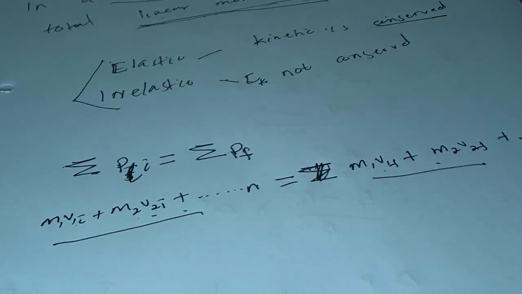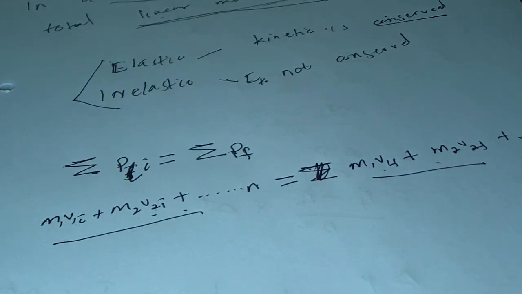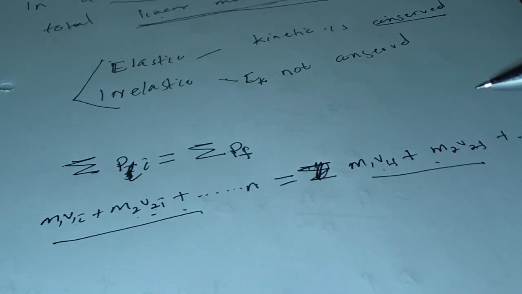Some of the energy is lost through heat, some through sound. So how do you see that kinetic energy is not conserved? The speed of the cars before the collision and after the collision would definitely be different. In other words, they're going to decrease.